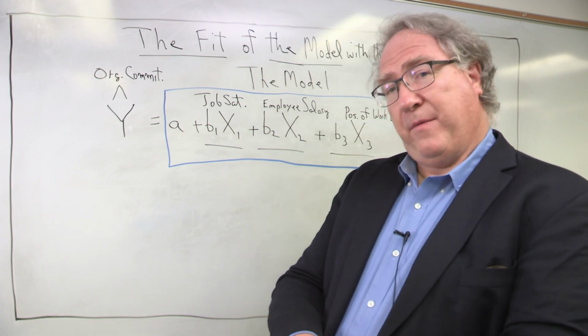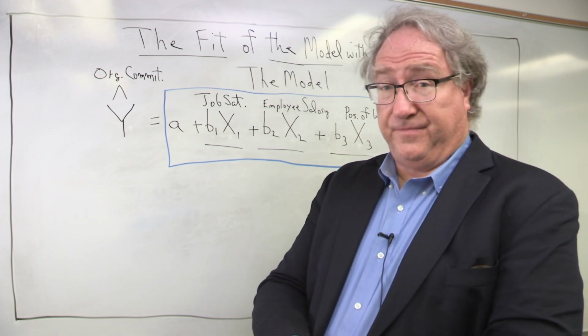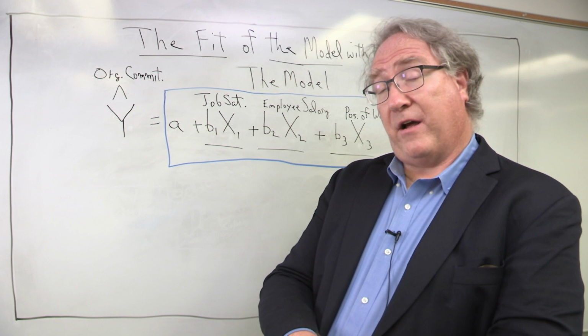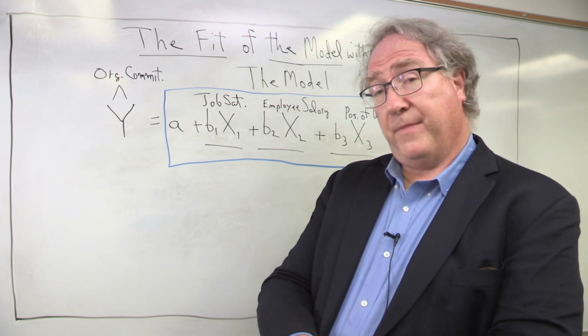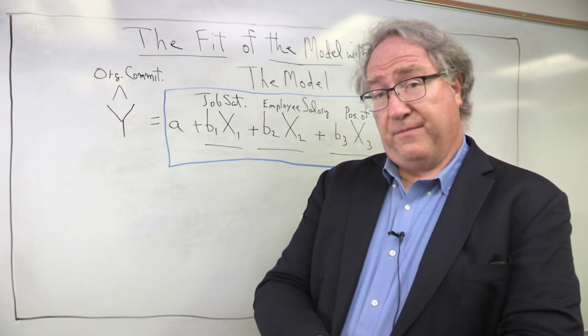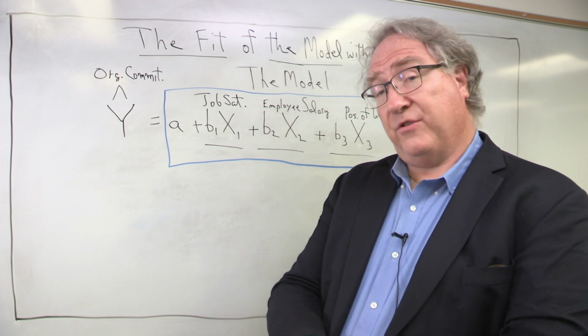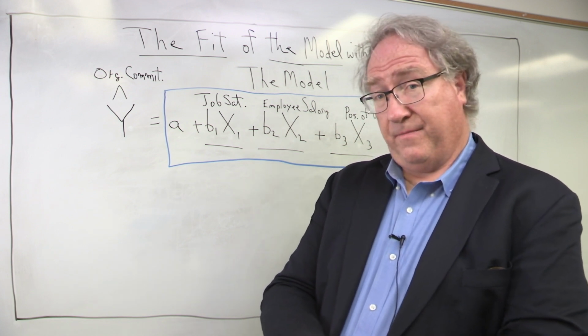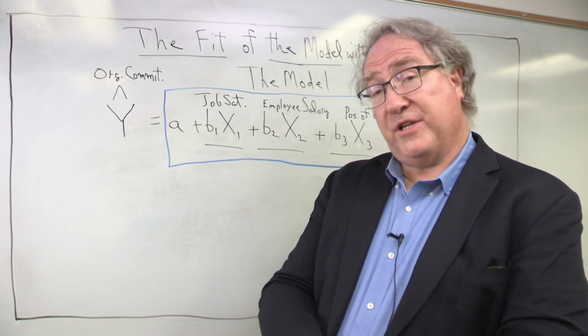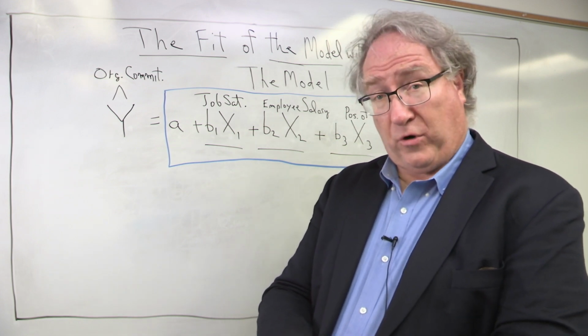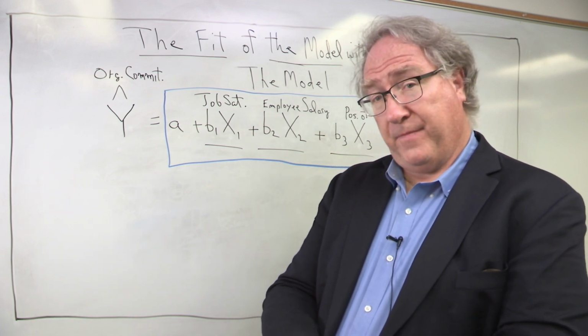I want you to keep that in mind then, what this means. What this means is that on the outcome variable measure, we have 2 values. We have 2 values for each of our participants. One of the values is their actual observed score on the outcome variable measure.